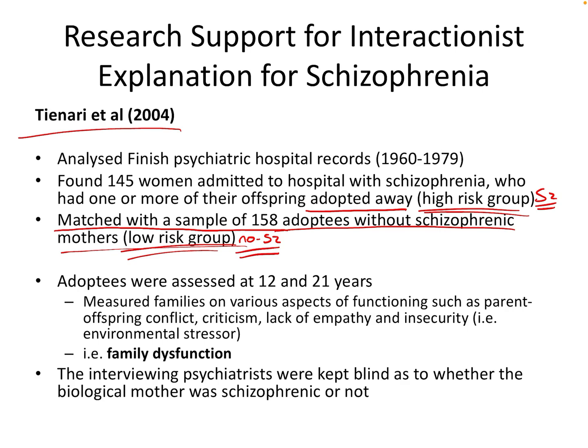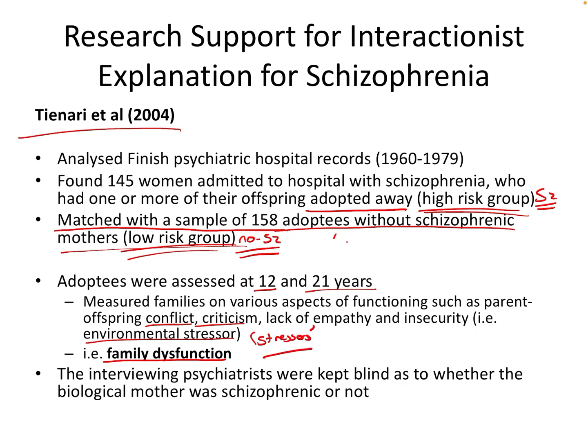So they assessed these adoptees at 12 and 21 years, which is important as we know that the onset of schizophrenia is quite often late teens and early 20s, particularly for men. And these adoptees were assessed on a variety of elements of family dysfunction. So they were looking at how much conflict and criticism there was in the family and how many environmental stresses were present. So here they were really looking at the stresses.